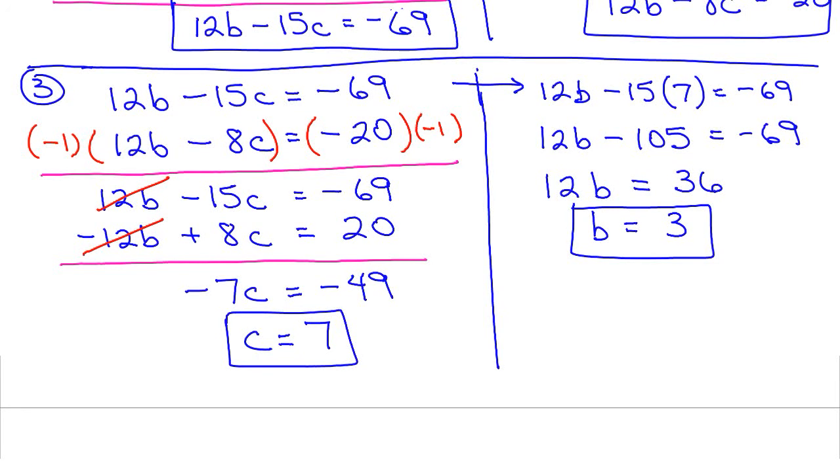Substituting b and c into any of the original equations, we can find the value of a. So I'll just pick this one here: a minus b plus c is equal to 3. That gives me a minus 3 plus 7 equals 3, which tells me that a is equal to -1.